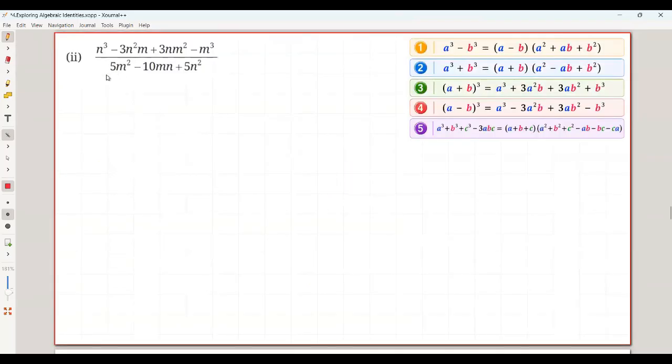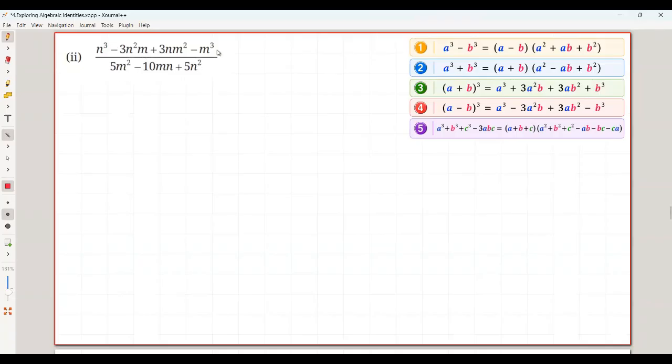So question number 2: n cube minus 3n square m plus 3n m square minus m cube, divided by 5m square minus 10mn plus 5n square. For the numerator we have a cubic identity, for the denominator we have a square identity.